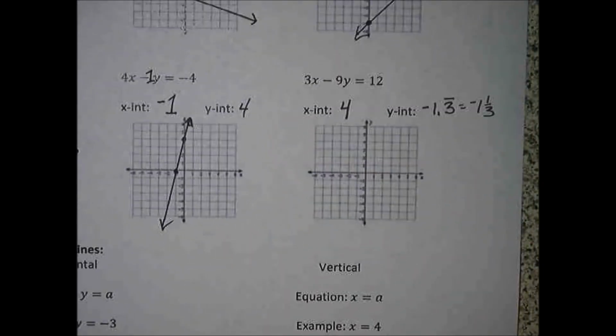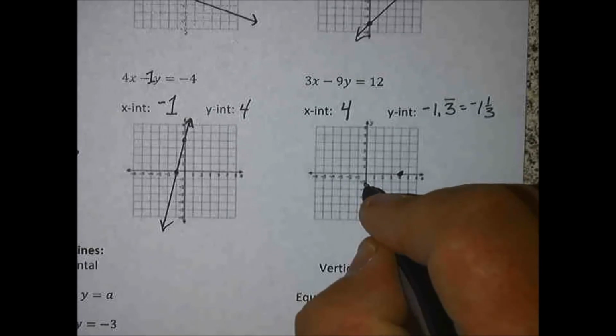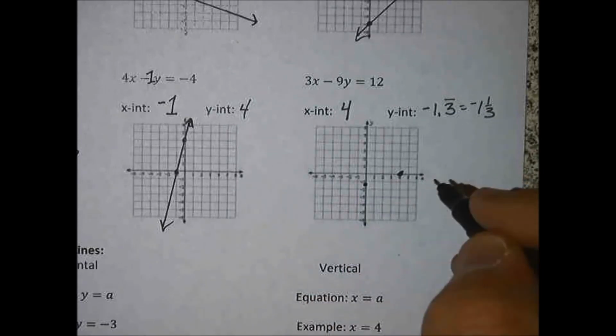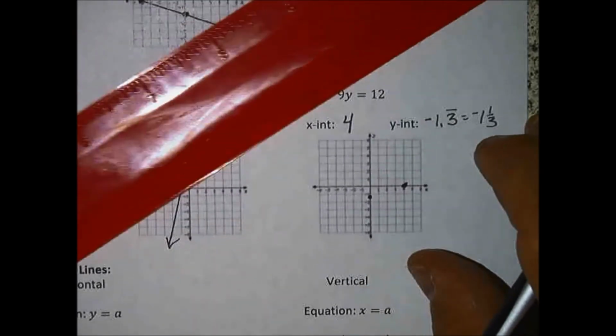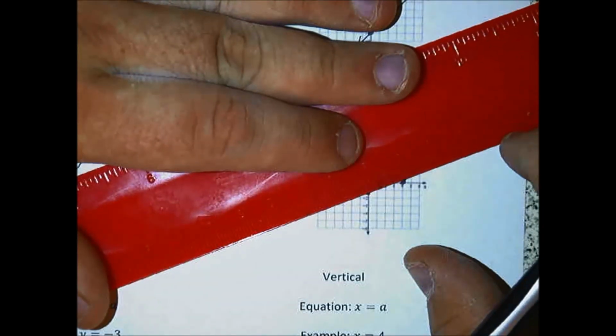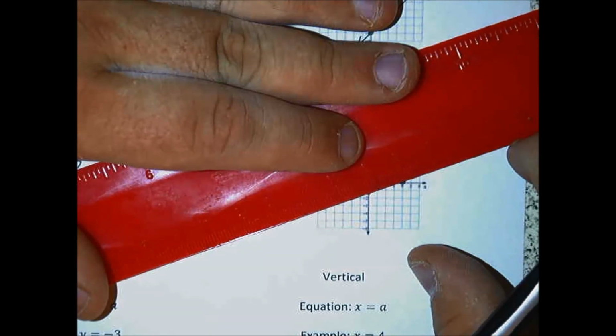It's not going to be great, but we can make it work. So an x-intercept of 4 and a y-intercept of -1 1/3, somewhere in between 1 and 2, preferably closer to 1. And that'll be enough to make Mr. Gall know that you're at least trying to get those numbers in the right spots.